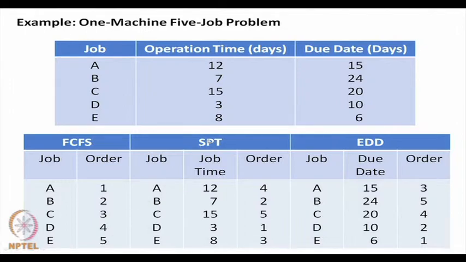If instead it is shortest processing time, then we write down the job times, and the shortest is D. So, that is taken up first, that is order 1, first in the list or in the order. Then this 7 is just higher than this.